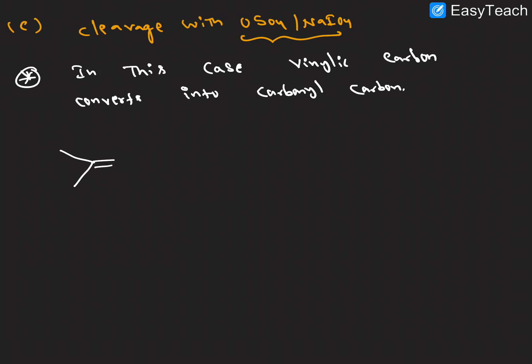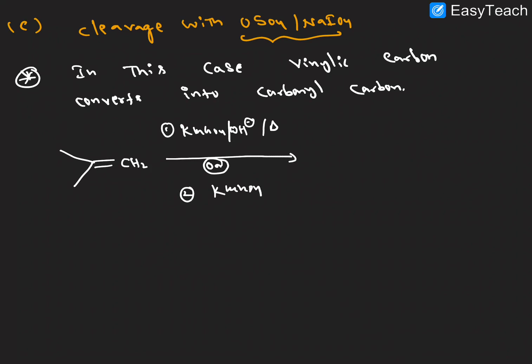We can take this type of alkene. Here it is treated with KMnO4 in basic medium and heating condition, or we can react it with KMnO4 and NaIO4. The product is a ketone, and then CO2 plus H2O.